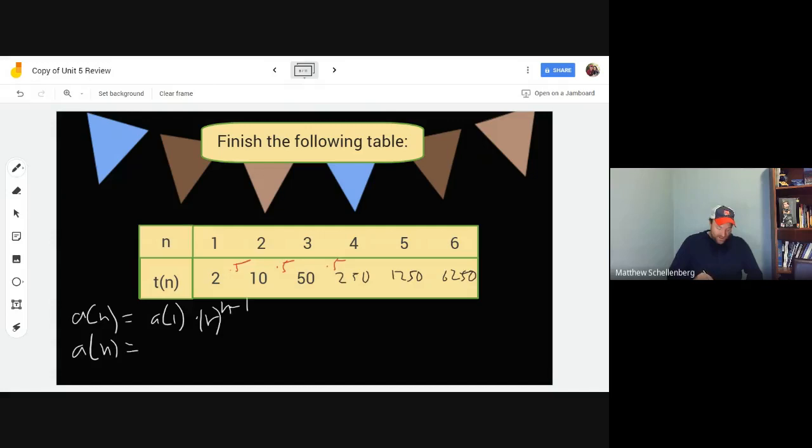We just replace the a1, which is 2, times r, which we know is 5, to the n minus 1 power. And that's it. That's the explicit formula for this geometric sequence. That's all there is to do.